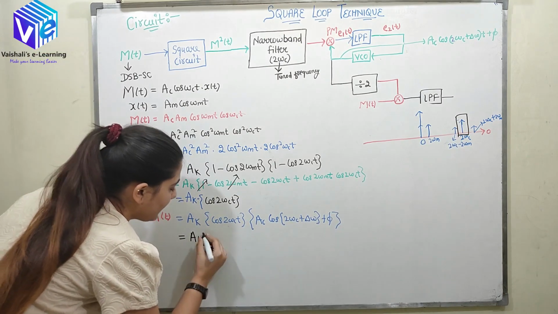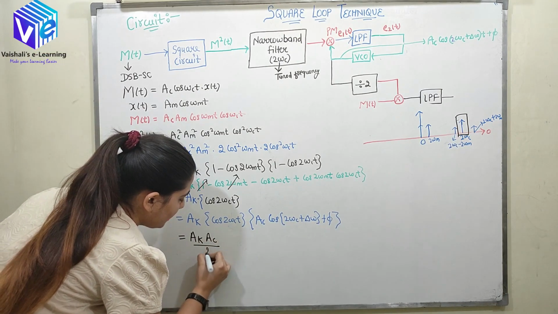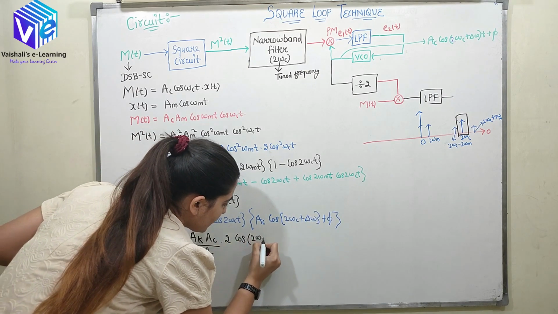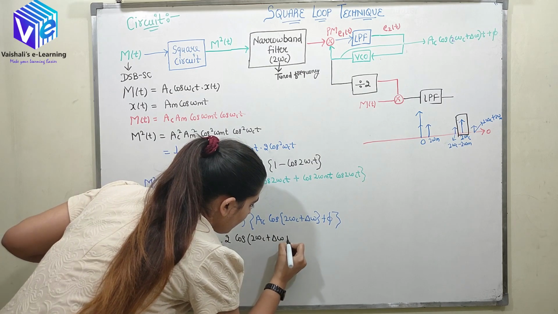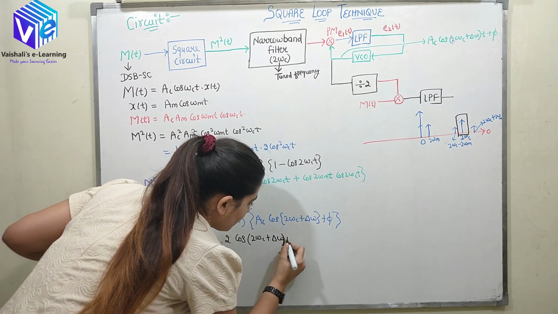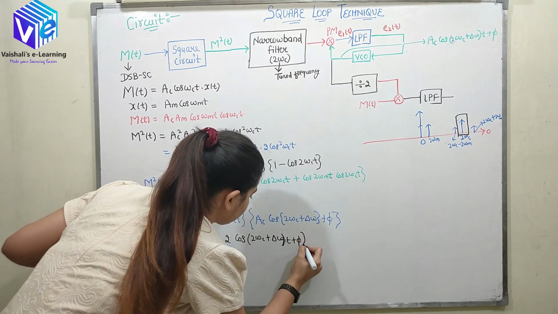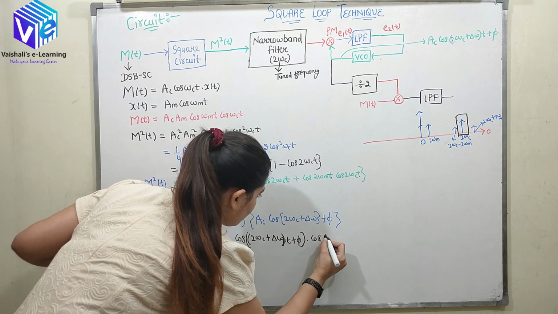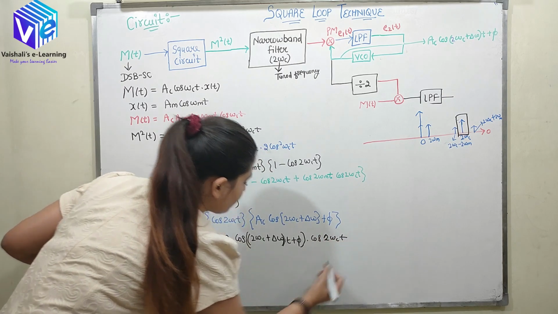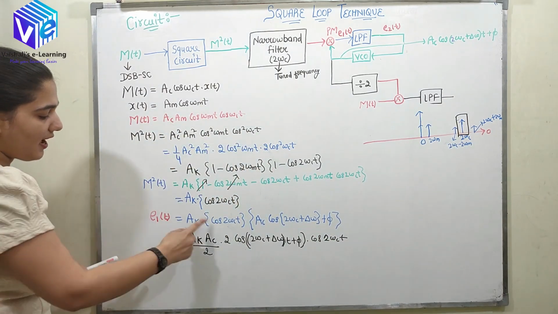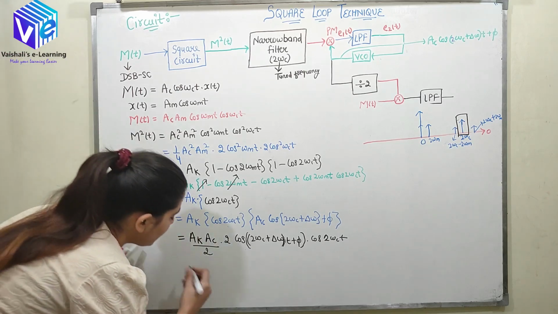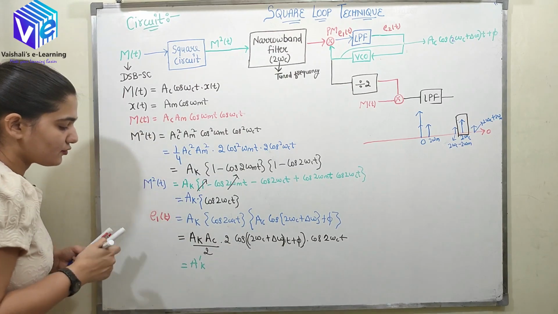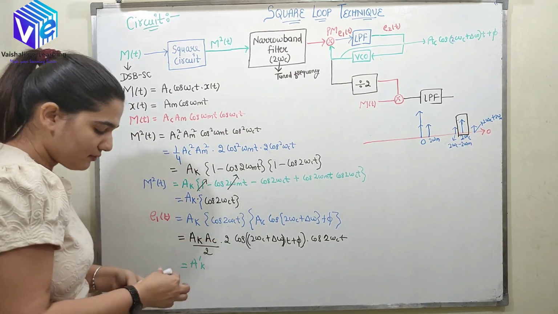Here I have ak into ac divided by 2, times cos of 2 omega c plus delta omega t plus phi, into cos 2 omega ct. Now I am taking this constant to be another constant a dash k, so ak into ac by 2 is also a constant.